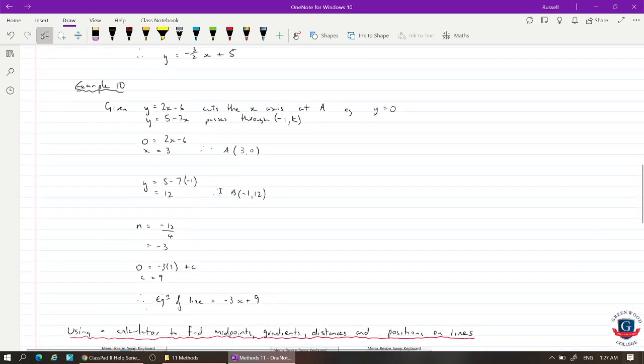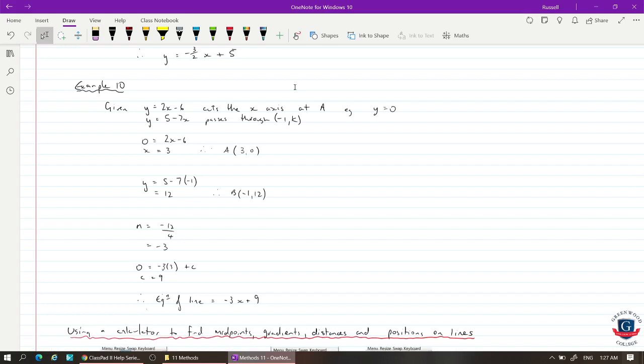Example 10. Given 2 equations, y equals 2x minus 6 cuts the x-axis at A. Given that y equals 5 minus 7x passes through the point (-1, k).